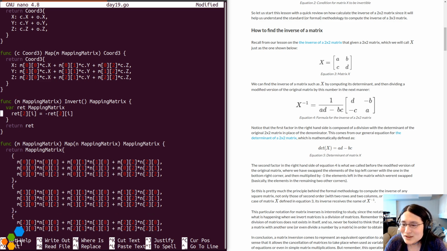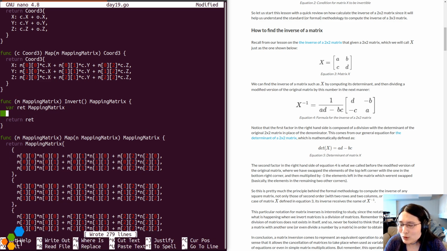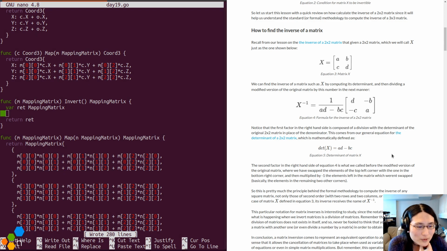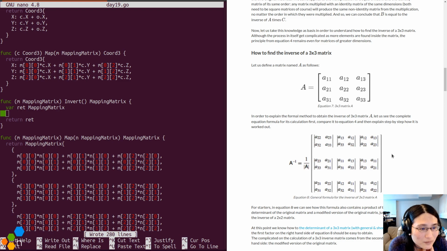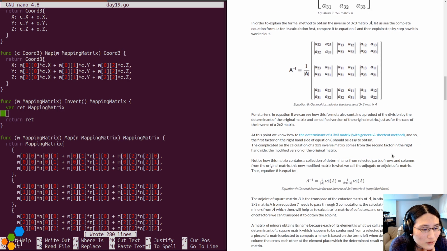Yes, this code here is wrong, but I'm pretty sure once I get the inverse done, we'll be fine. Good Lord. Okay, well the good news is the magnitude is always the same.